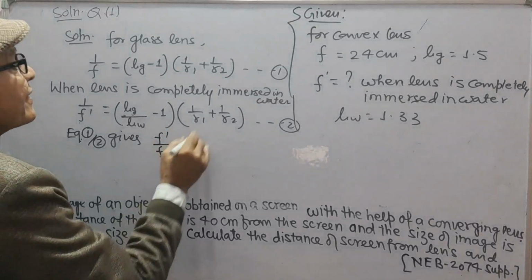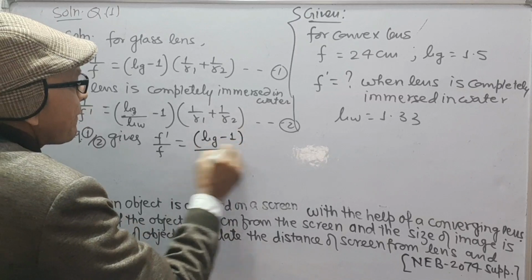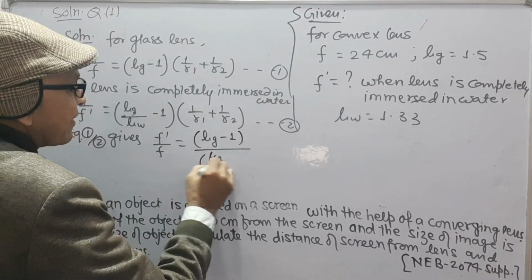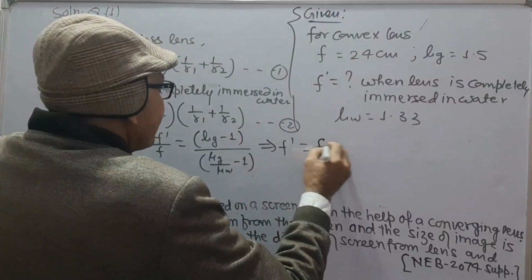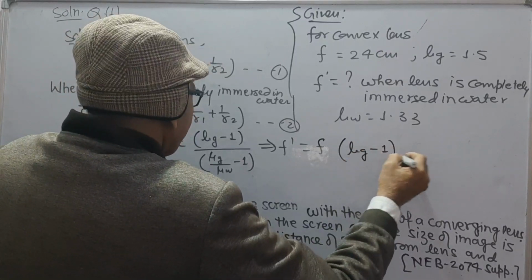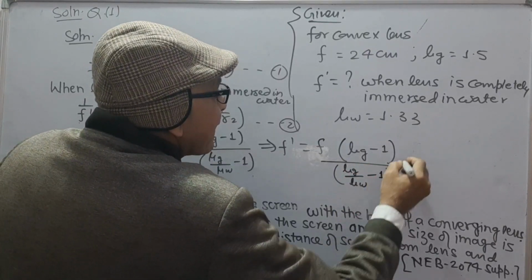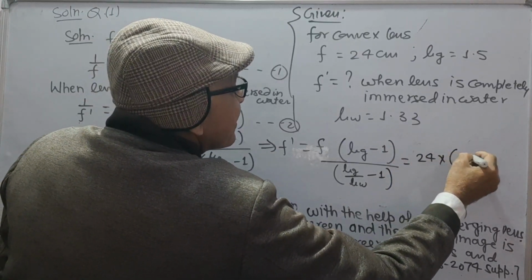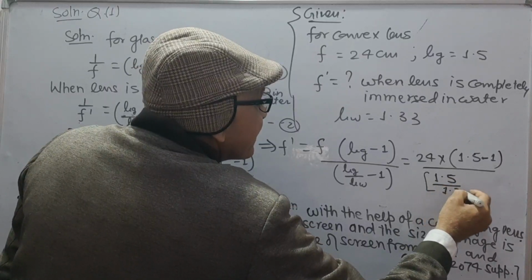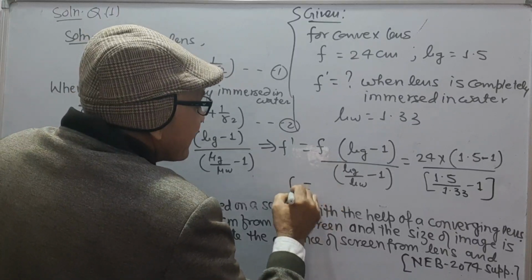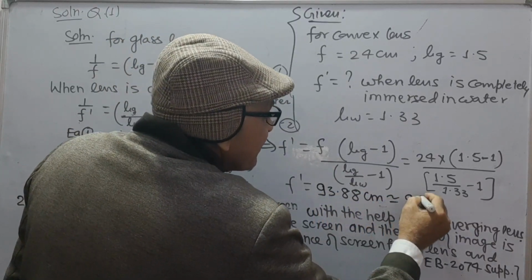The f dash upon f is equal to, 1 upon r1 plus 1 upon r2 cancels out, and we get (mu glass minus 1) upon (mu glass upon mu water minus 1), which gives f dash as f into (mu g minus 1) upon (mu g upon mu w minus 1), which is 24 into (1.5 minus 1) upon (1.5 upon 1.33 minus 1), which gives f dash as cm, which is nearly 94 cm.